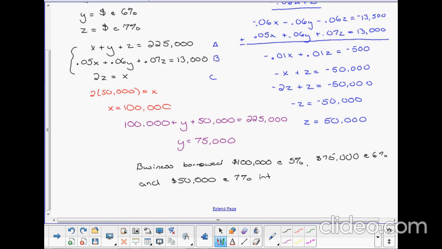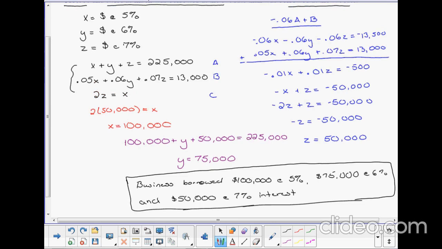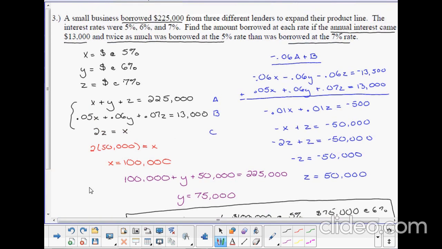So there we have taken a scenario where we had 3 values that we were looking for. We created a system of 3 equations with 3 variables, and then algebraically solved that system to come up with a final answer. Let's take a look at one more application problem here before we call it a day.